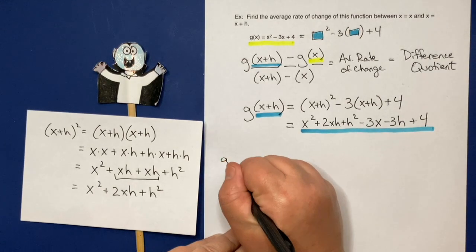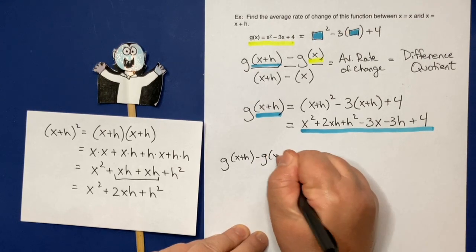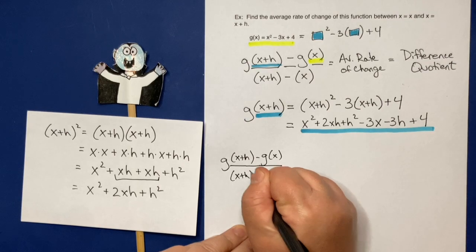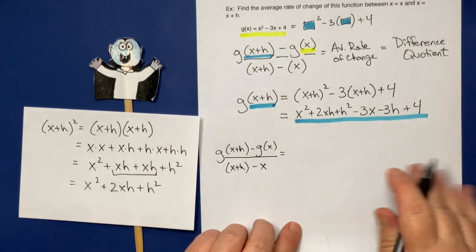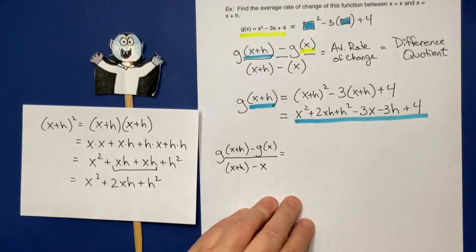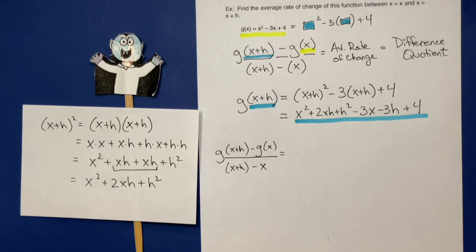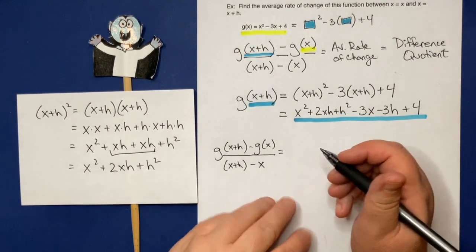So g of x plus h minus g of x all over x plus h minus x. Okay, so that's going to be the blue one first. And again, this is a great time to take your paper and turn it sideways. I didn't think to do that, but you can still save yourself.